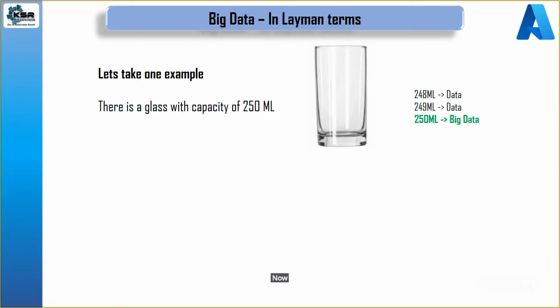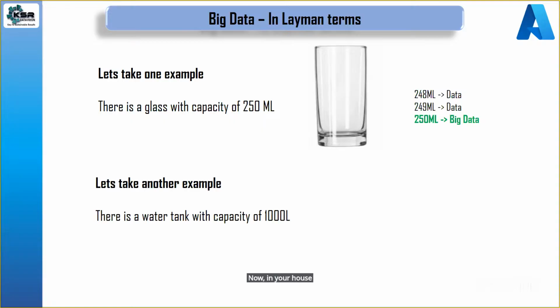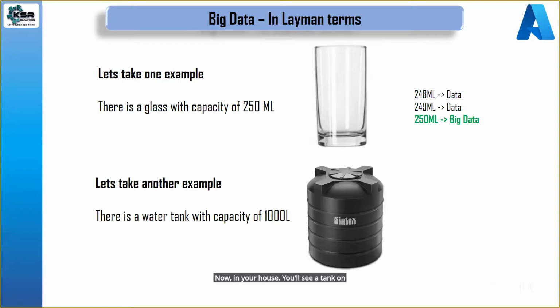Now, in your house, you'll see a tank on top of your house. The capacity of your tank is 1000 liters. 998 liters is not called big data. 999 is not called big data, but 1000 is called big data.